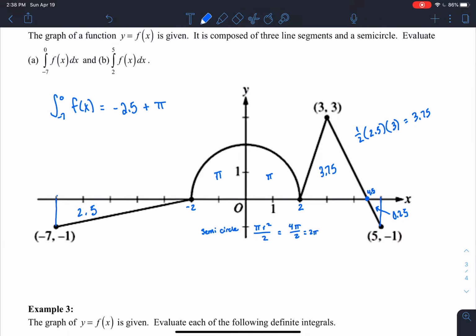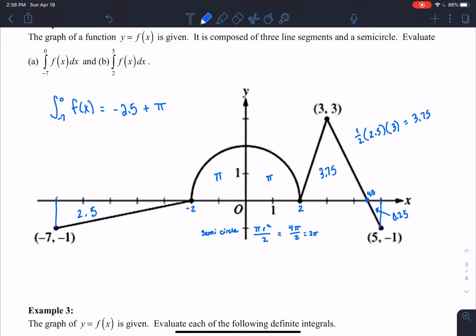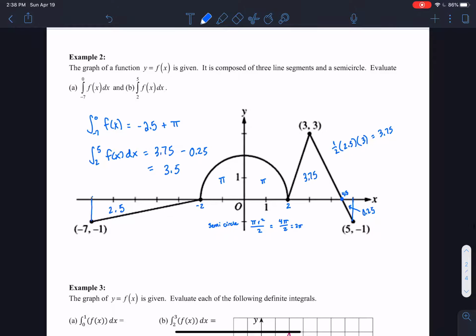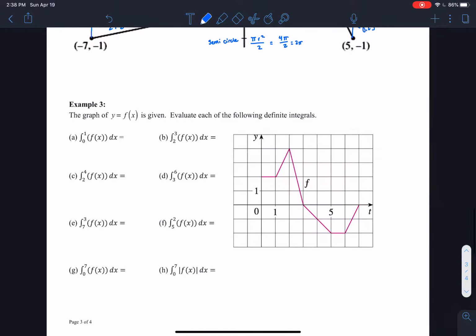So if I'm doing the integral from 2 to 5, I'm going to have 3.75 because that's above, and then minus 0.25 because that's below. So my answer is just going to be 3.5. Sometimes you need to use your geometric formulas to help you figure out the areas.